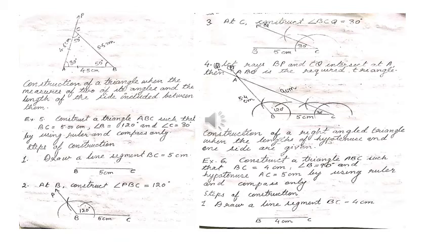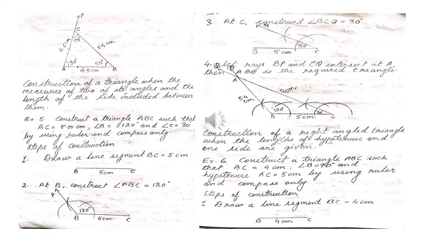Now, construction of a triangle when the measure of two of its angles and the length of the side included between them are given. Example 5 to understand this. Construct a triangle ABC such that BC is 5 centimeter, angle B is 120 degree, angle C is 30 degree. Here two angles and one side are given. Now how to make it?